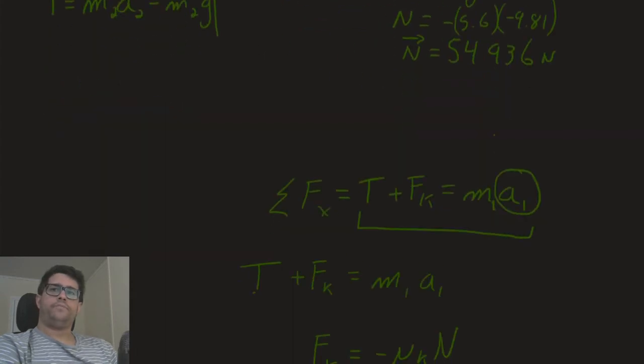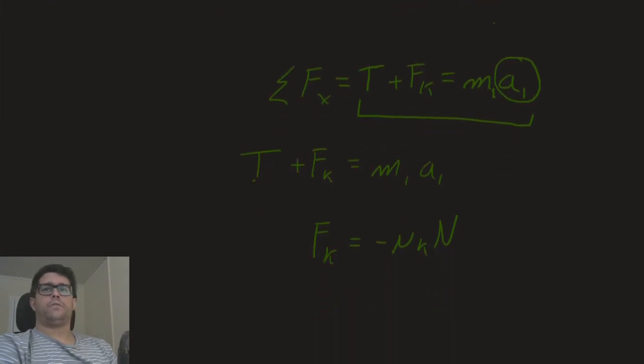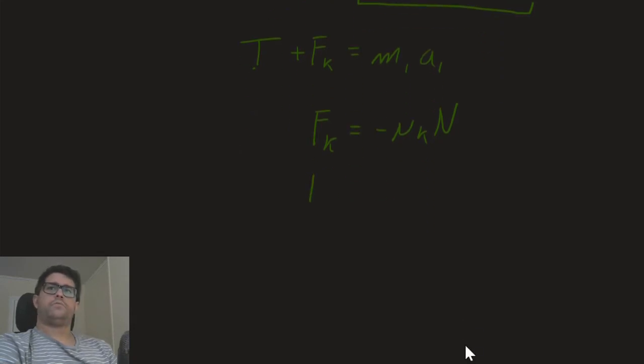This time we're here. We need fk, which is mu kn. We could find it, one thing at a time. This is how I used to do physics. Fk will be minus 0.28 times n, 54.936.